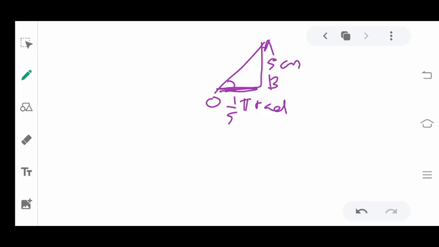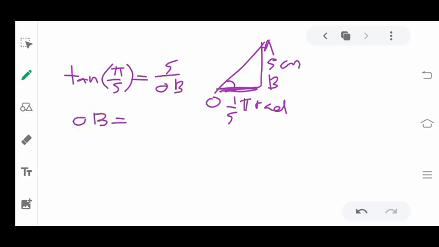So let's find OB using tangent. tan of pi by 5 is equal to opposite side by adjacent side, so OB is equal to 5 divided by tan pi over 5.